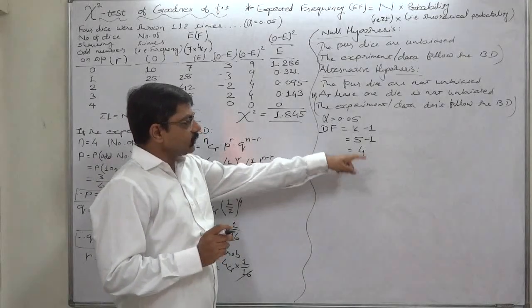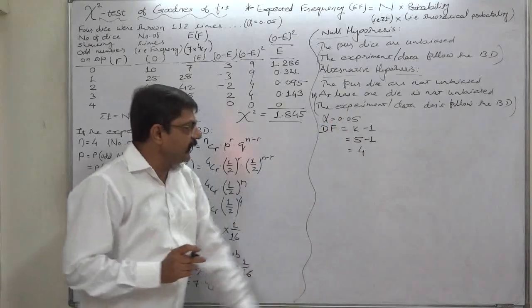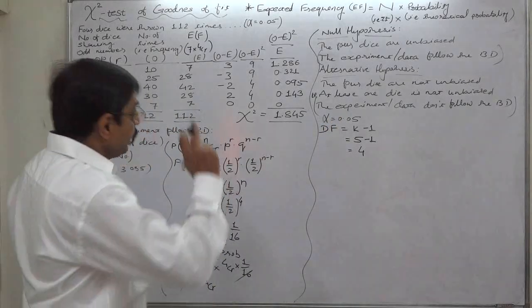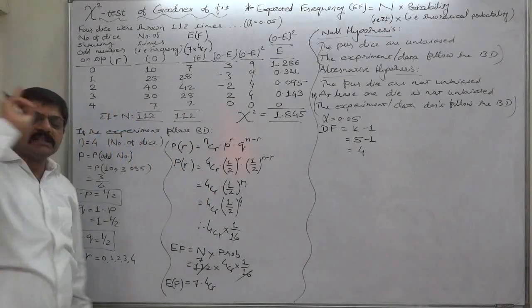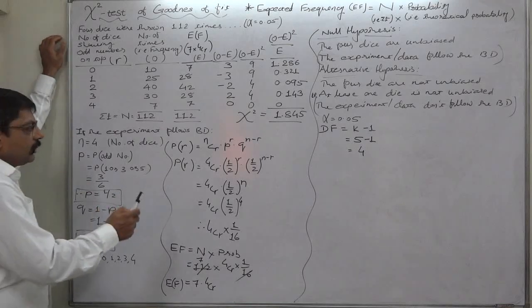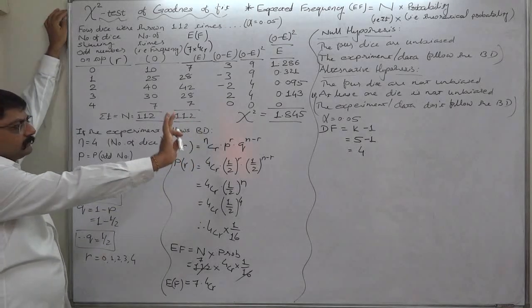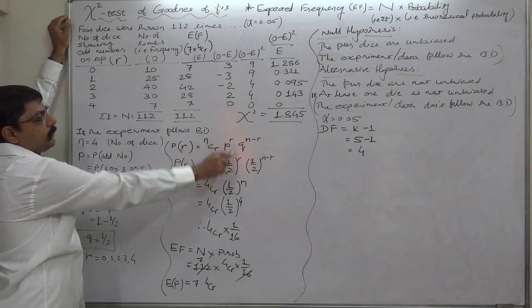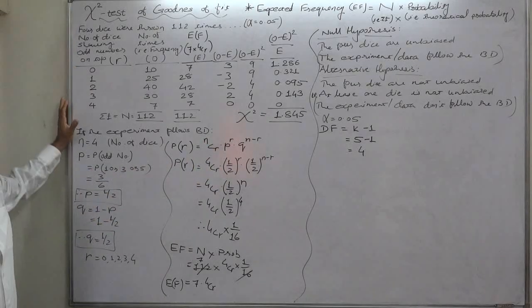The critical value of chi-square for 4 degrees of freedom at 5% level of significance is, okay, yeah, one more thing. Since this is binomial distribution and we all know that we cannot calculate the probabilities until we come to know the probability of success.